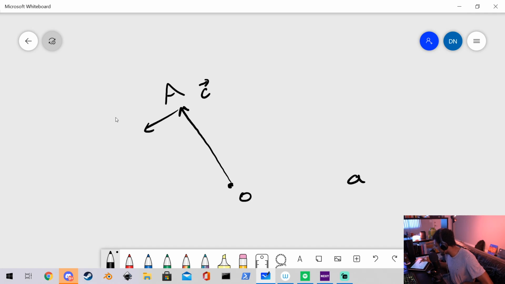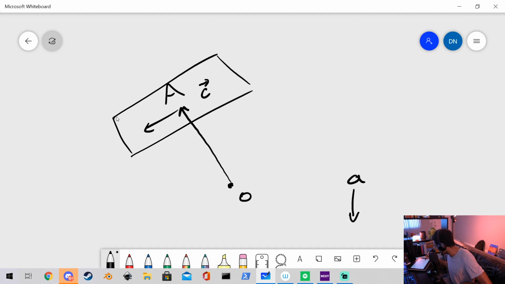However, this vector exists in a plane defined by this vector from the origin to the camera, and the letter's down vector exists relative to a different plane from the object to a camera. It exists within a different plane entirely.